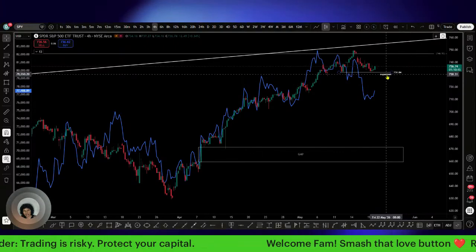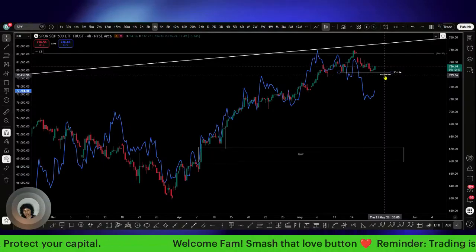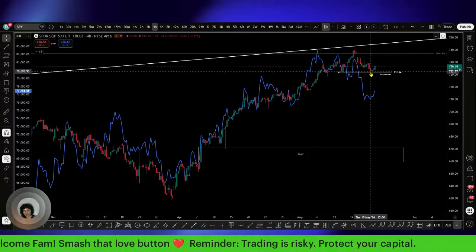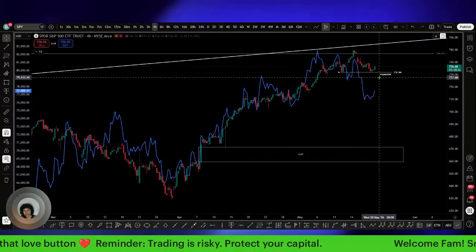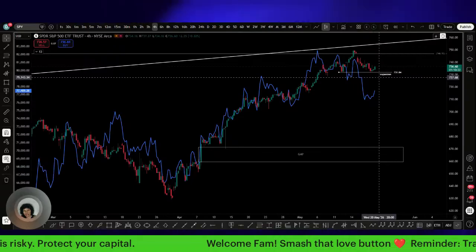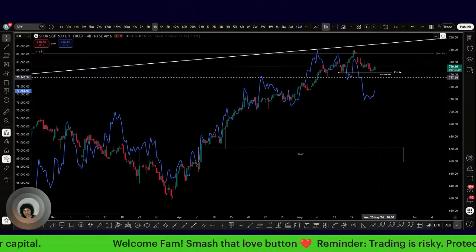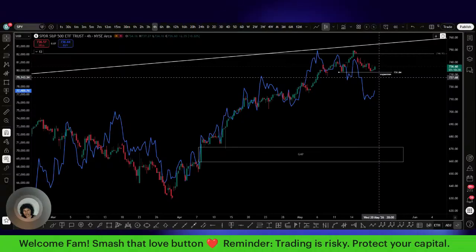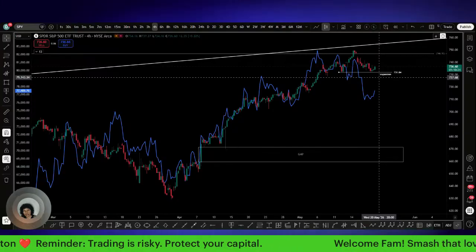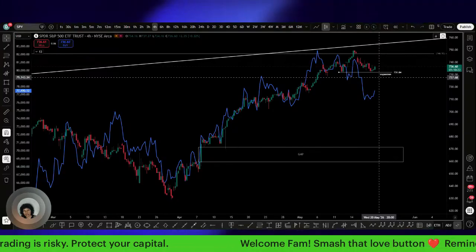So this little tidbit right here had me a little concerned yesterday. And so I started looking at that extra little push down that could potentially happen, but nothing more than that as far as I was concerned. And that would have been just going back into that ascending trend line level right there if that were to happen.